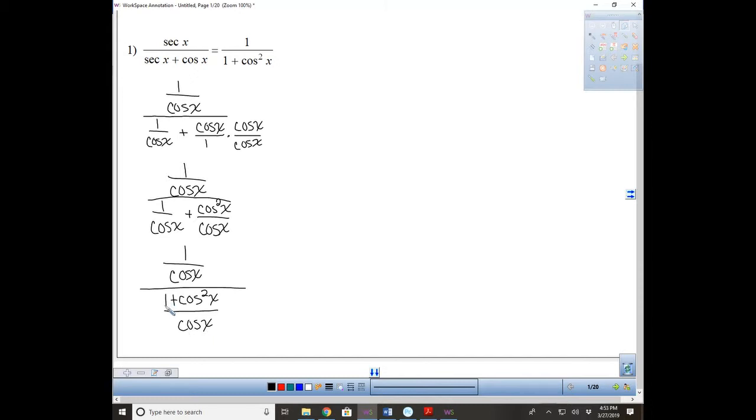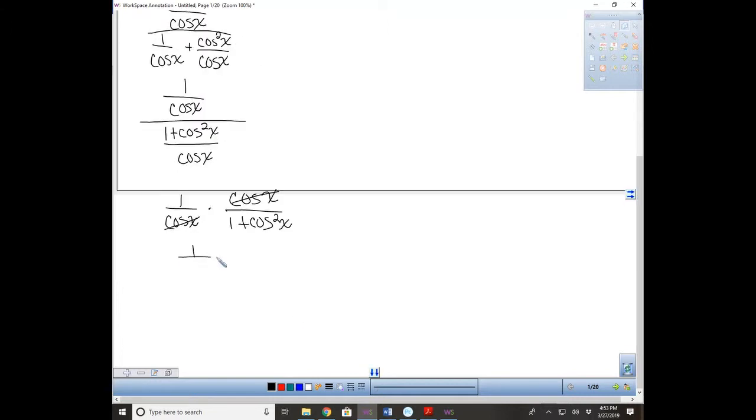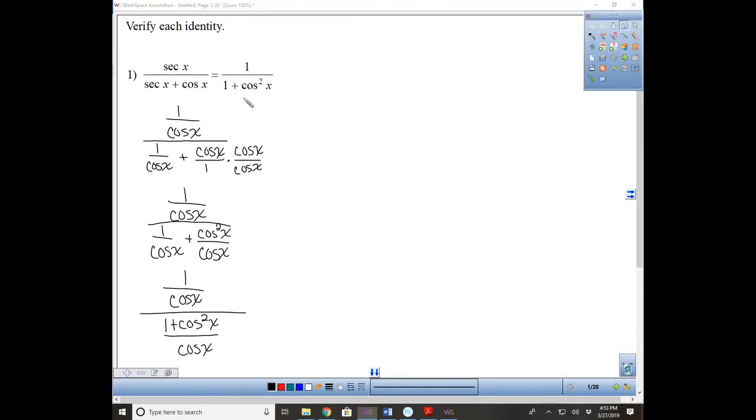Well, now I see that I have a fraction over another fraction, so I'm going to multiply the top fraction by the reciprocal of the bottom. So diagonally, these cancel, leaving me with 1 over 1 plus cosine squared x, which is exactly what I am looking for.